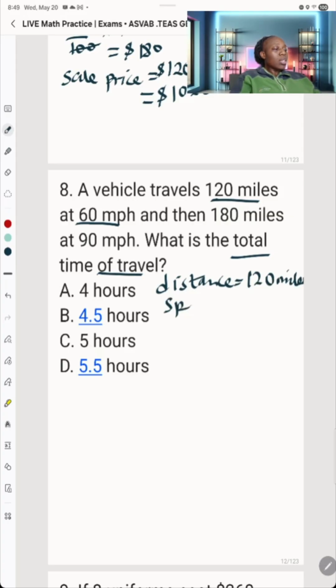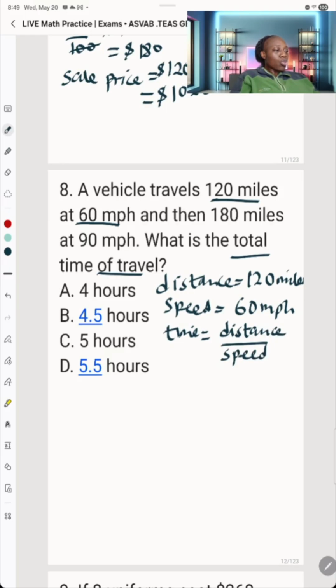Then speed is 60 miles per hour. Speed equals distance over time, then time is going to be distance over speed. Distance is 120 over speed, that will be 60. This is 2 hours.